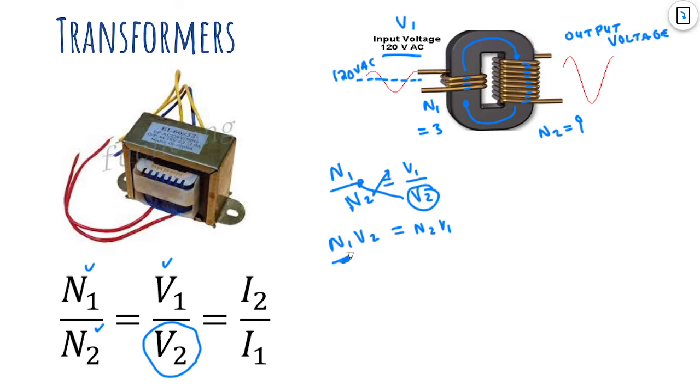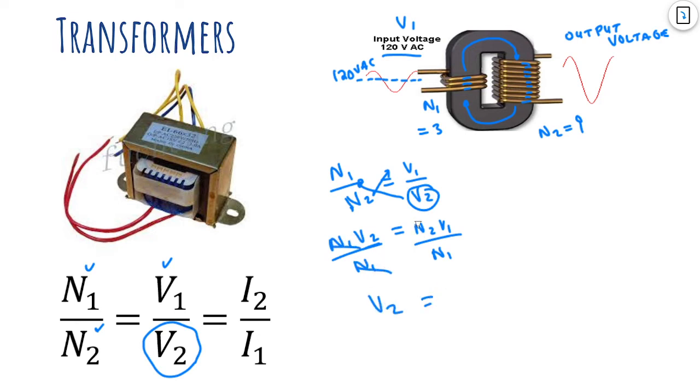And since I'm trying to get this by itself, I need to get that V2 back where it started. So I'm going to divide both sides by V2, and I end up with that. I solved for the wrong one, I'm sorry. We want V2, so I need to divide by N1. There we go, on both sides. Okay, canceled out the wrong one.